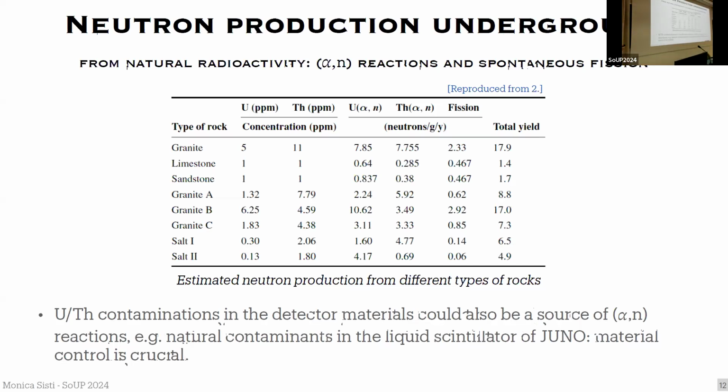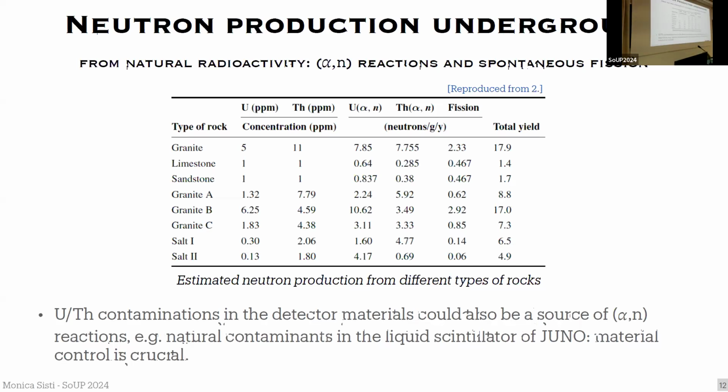So we said alpha-n reaction. Why this? Because in the underground laboratory you have the rock. The rock contains uranium and thorium, and this gives rise to these reactions that produce neutrons that then interact with your detector. You also have to take care of the uranium and thorium contamination in the detector material.